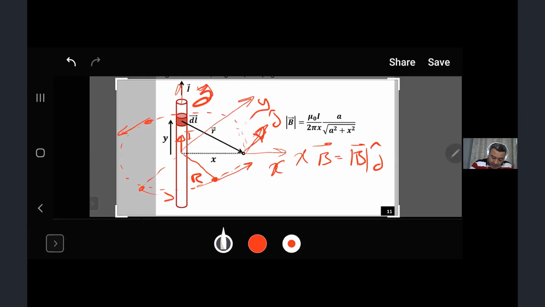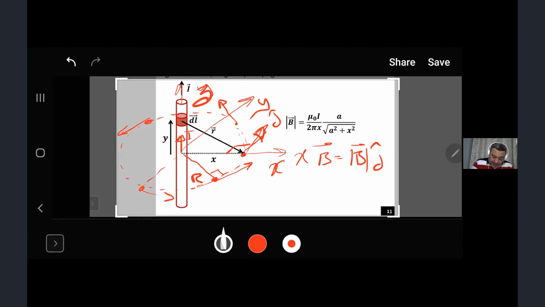At every single point, this counterclockwise means a tangential component, and it is perpendicular to this radius. Now, when the point sits on the x-axis, this becomes a special case. At this point, r will be the same as x.